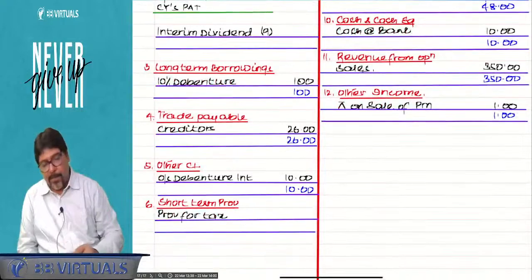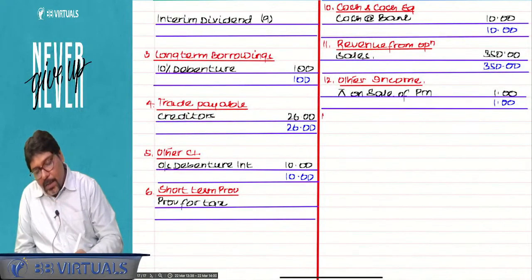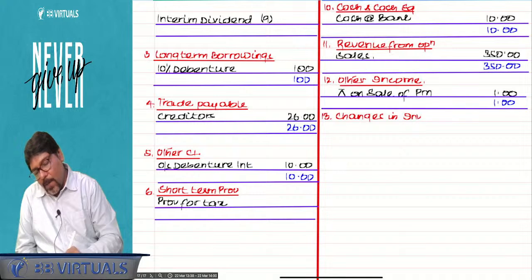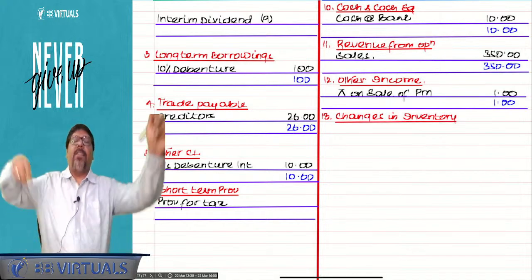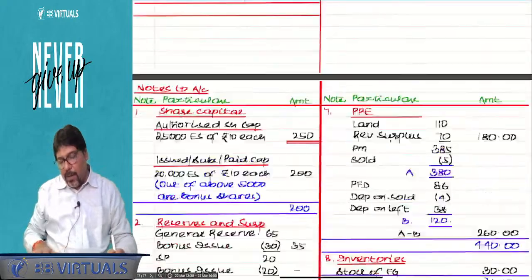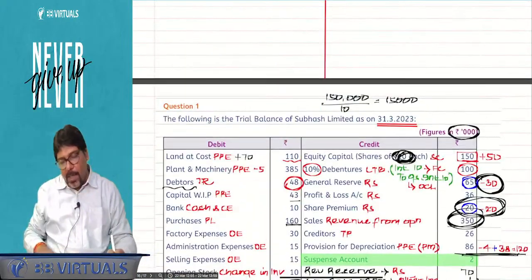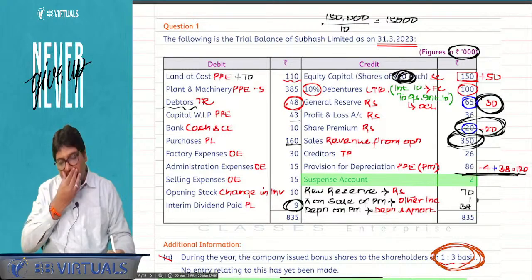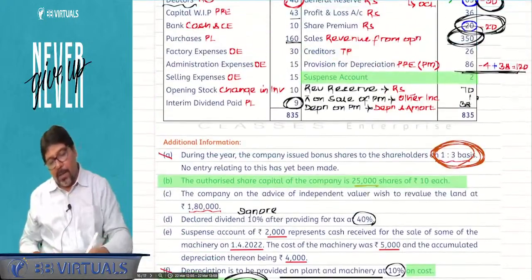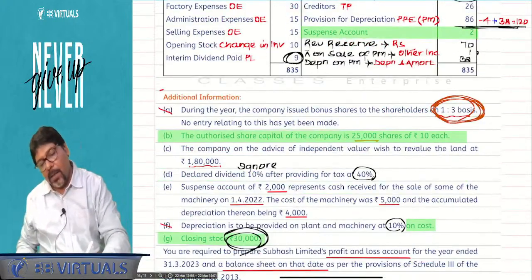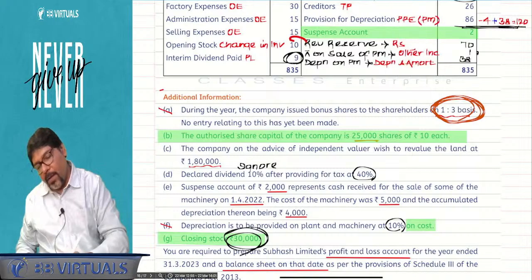Changes in inventory, 13. Inventory means what? Stock. Changes in inventory means opening stock minus closing stock. Opening stock is how much? 10. And closing stock is how much? 30.